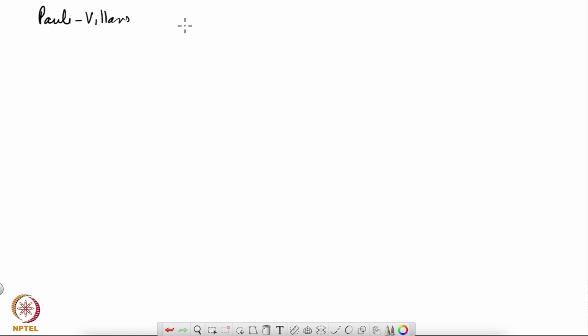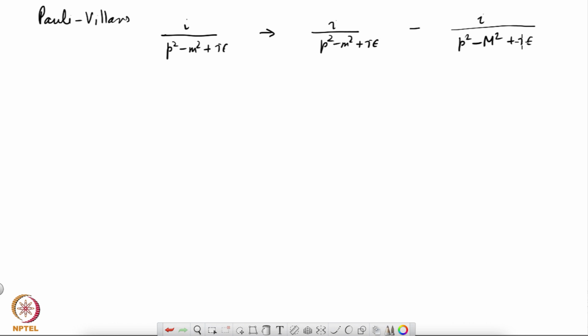Here you will replace the propagator by a modified one, where m squared is a large number which you have to take to infinity at the end. And the argument I gave before applies.